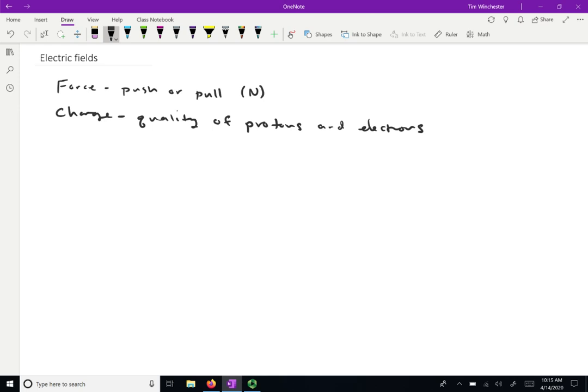So a charge is not inherently related to forces. You could have an attractive or repulsive force on any charge. It's just this property that certain objects and certain particles have that, through experiment, we determine influences the electric force that shows up.